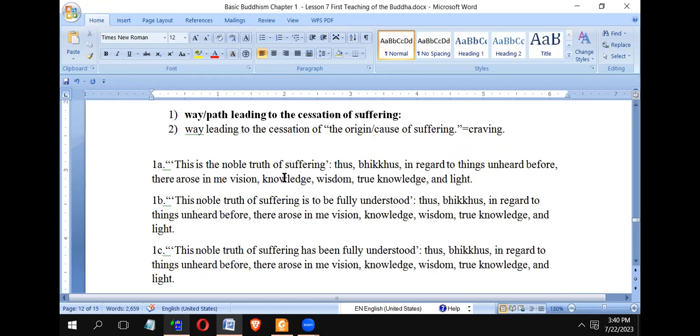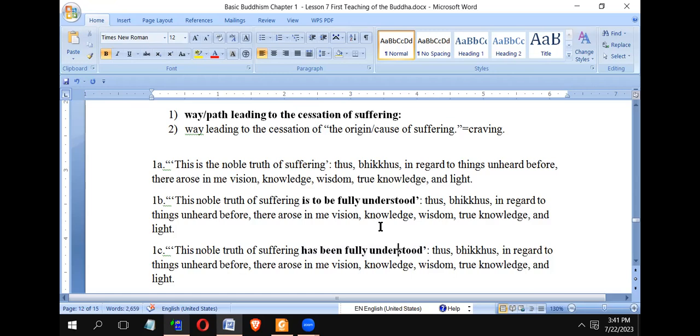There arose in me vision, knowledge, wisdom, true knowledge, and light. Now, you can see this sentence and this sentence are exactly the same. It's only this one that differs: is fully understood, has been fully understood. So, is to be fully understood, has been fully understood.